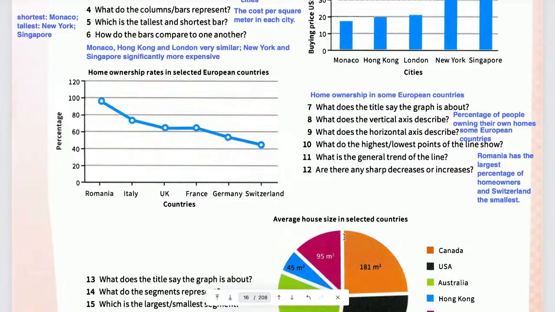Figure, what does that mean? Number, yes. Figures means numbers. Yeah? So most of the countries have similar figures. I mean, all of the information in terms of numbers there. Okay? Except for Romania. Okay?